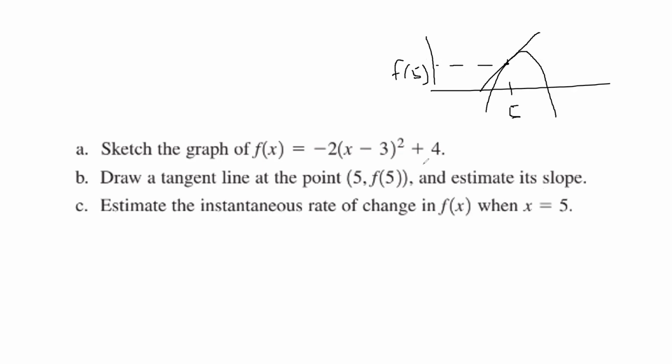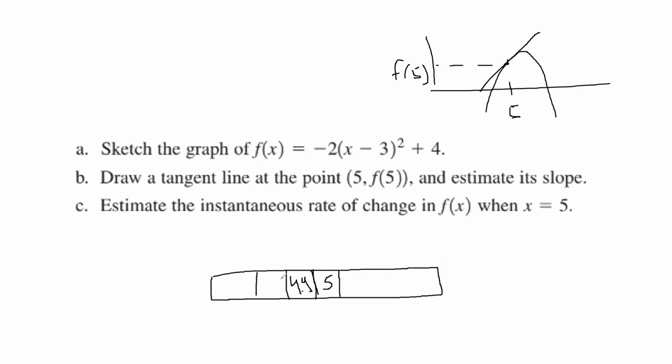You assume that h is 0.01. No. You draw a table. In the middle, you write the value of x, and you get the numbers before, getting closer to this point. 4.9, you see?